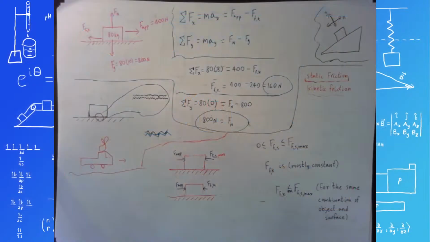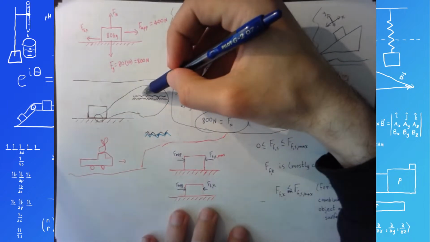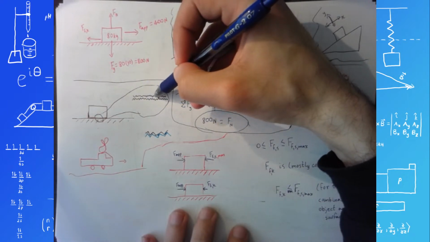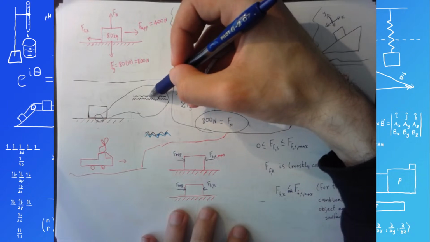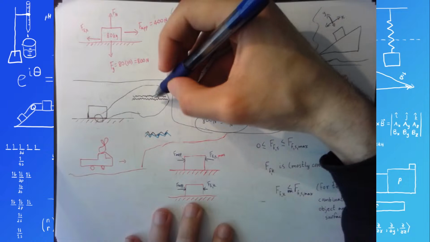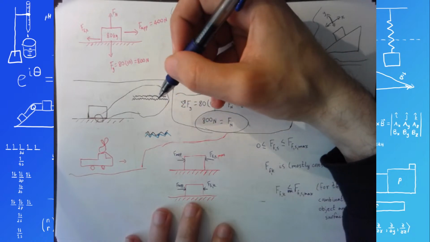Well, when the object is sitting still, or at least sitting still relative to the surface, that just means there's more time for these jagged edges to sink in and fit into each other. It just means there's more time for them to settle down.